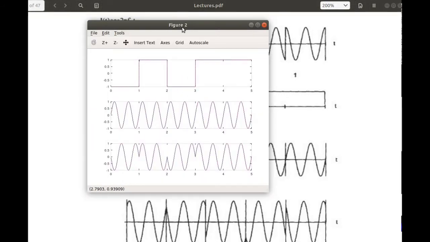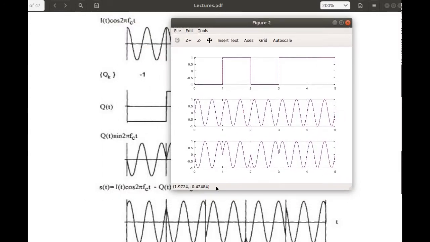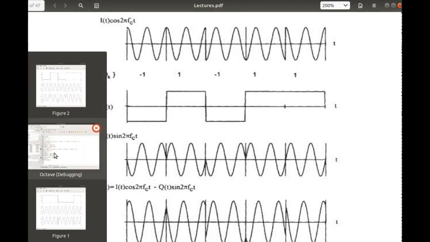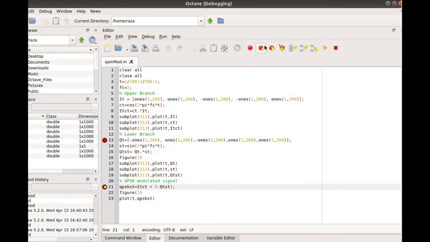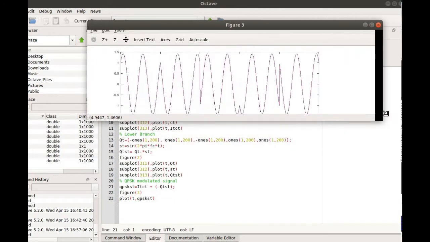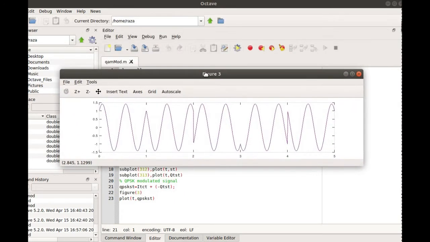So we generated this waveform for Q(t) sin(2πf_c t), and then the QPSK modulated signal, which is this one, s(t), the summation of these two waveforms. Actually, we should have a negative sign here because our Q(t) is negative. And we generated this one. Let me run it till the end, and we had our modulated signal waveform, which is this one.